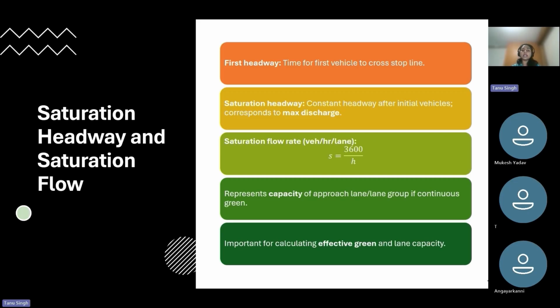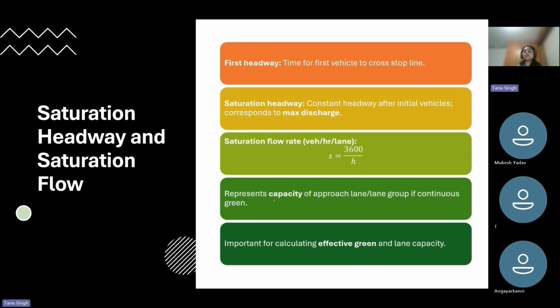That constant headway is termed the saturation headway, and then the saturation flow rate is calculated using the formula 3600 divided by H. Here H is the saturation headway. This represents the capacity of an approach lane or lane group if continuous green is present.